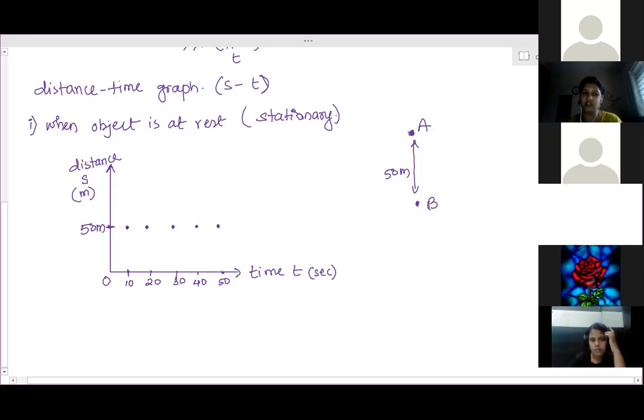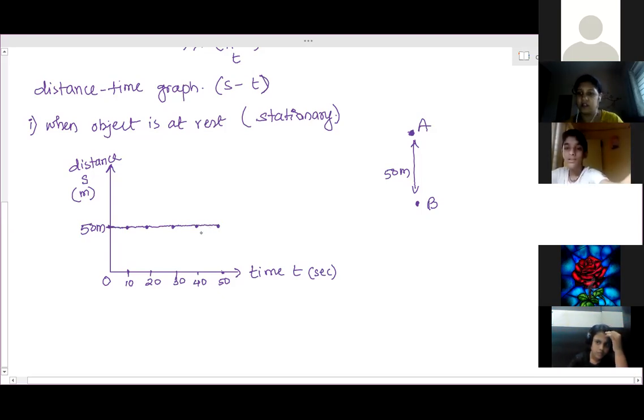Now if you join these points, what type of graph will you get? When you join this, you will get a straight line parallel to the x-axis.